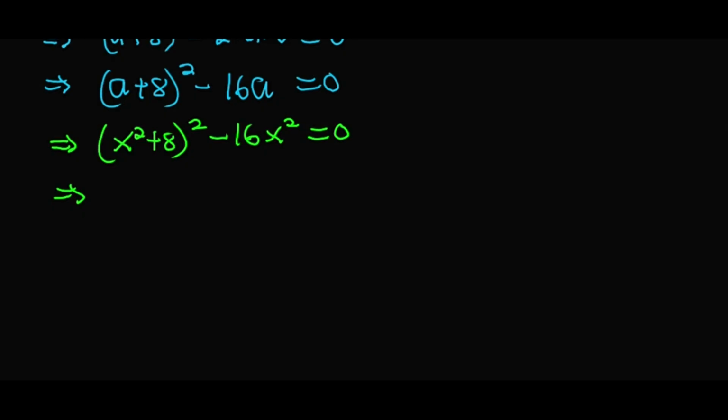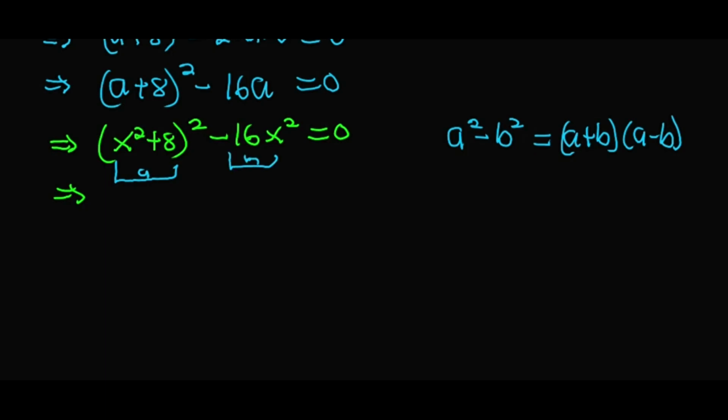So now let's look at this particular identity again. If we have a squared minus b squared, it is equal to a plus b multiplied by a minus b. So here the whole of this expression is considered a and the whole of this one is considered b.